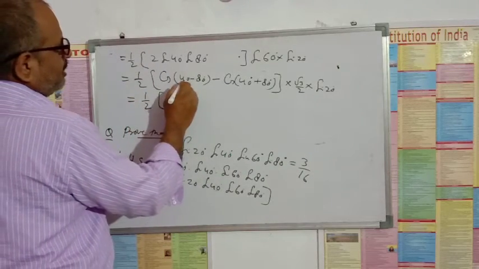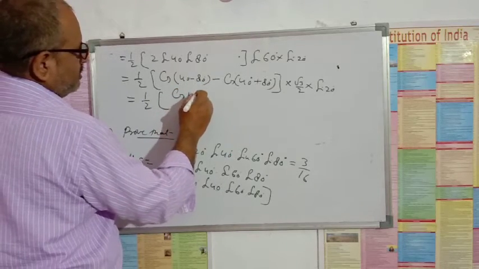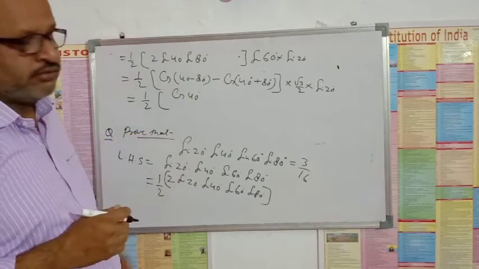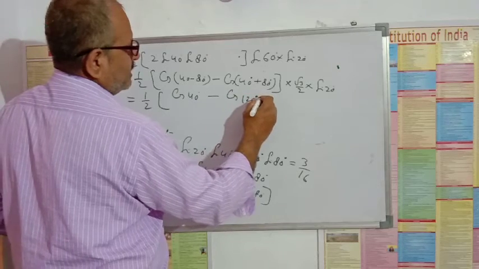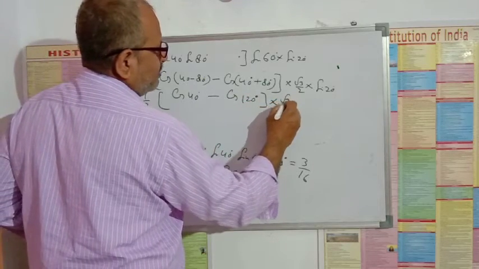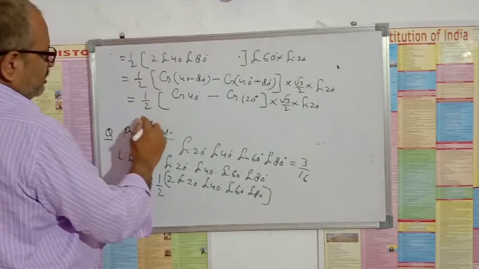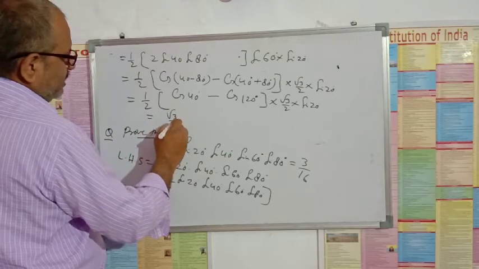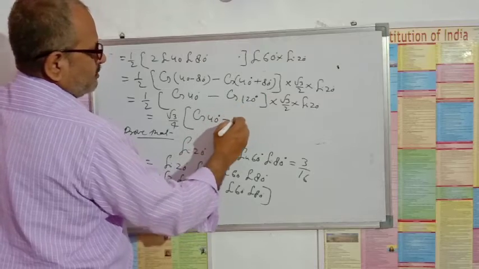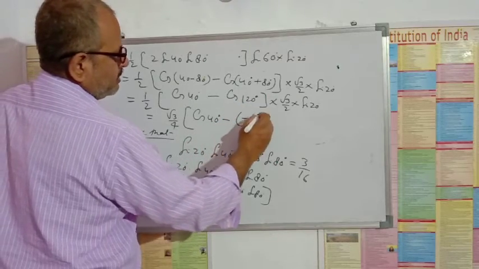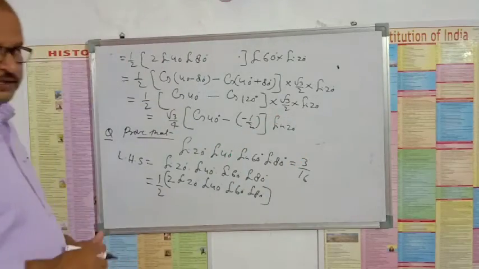One by 2 cos(40-80) is cos(-40), and cos(-theta) equals cos theta, so cos 40, minus cos 120 degrees, into root 3 by 2 sin 20 degrees. Root 3 by 2 into 1 by 2 is root 3 by 4. Cos 120 degrees has value minus 1 by 2, into sin 20 degrees.